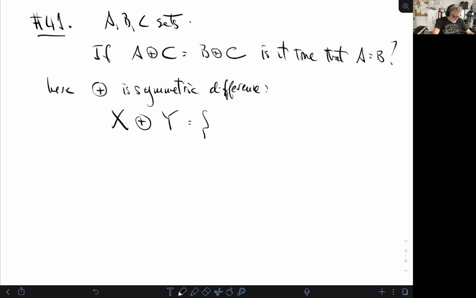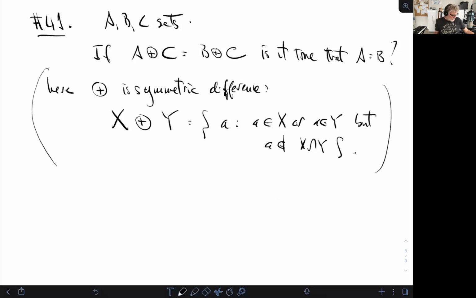It is the set of all, let's not call them X, let's call them A, such that A is in X or A is in Y, but A is not in X intersect Y. So you take the elements which are in exactly one of X or Y. And the question here is, if the symmetric difference of A and C is the same as the symmetric difference of B and C, is it true that A equals B?